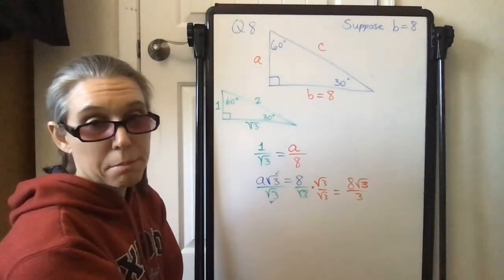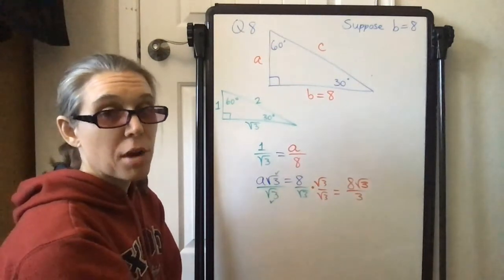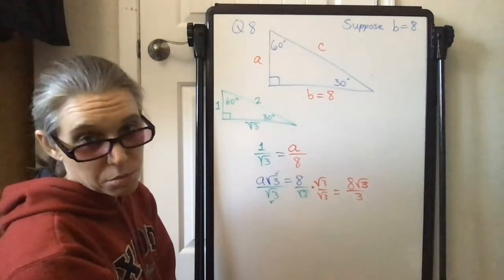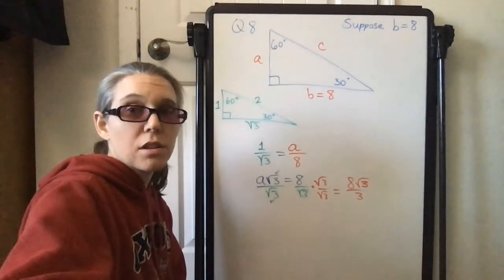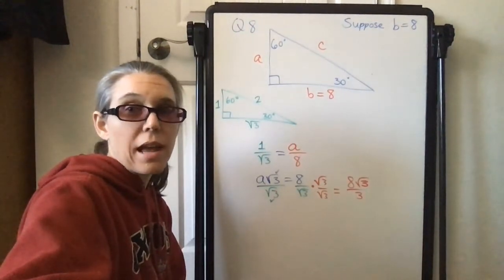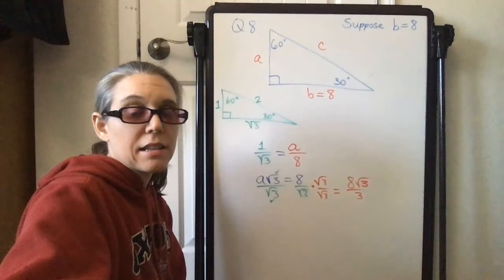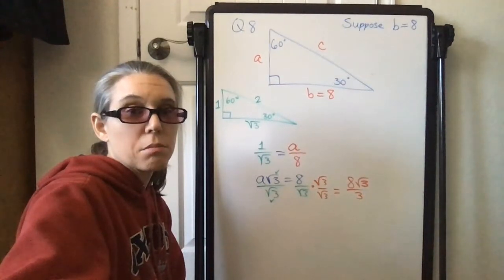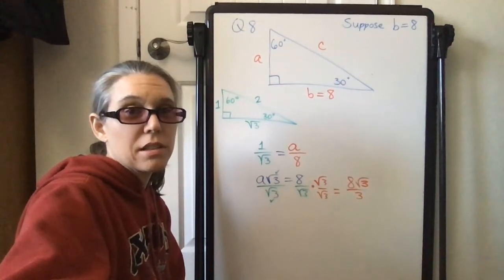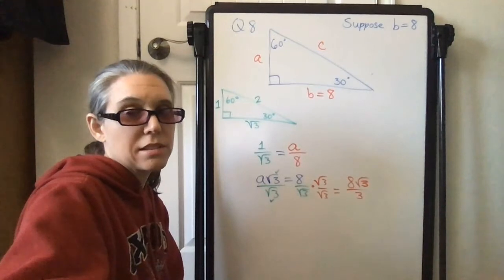Yep, it's that messy and ugly of an answer. The problem may or may not ask you for a decimal approximation. In this particular problem, in question number 8, the answers are likely going to need to be in exact form. I would try it in an exact form first. It doesn't say round.